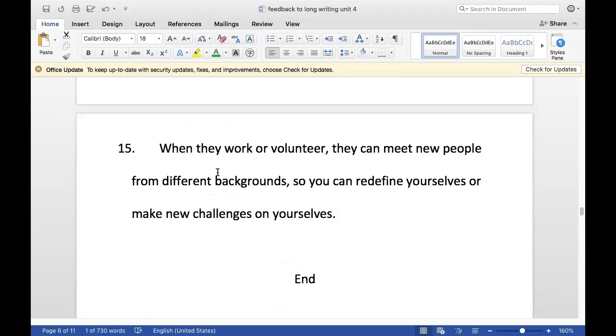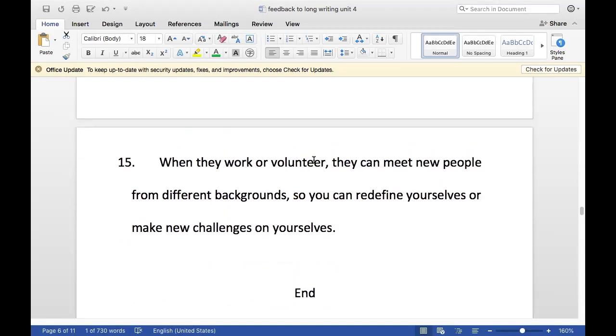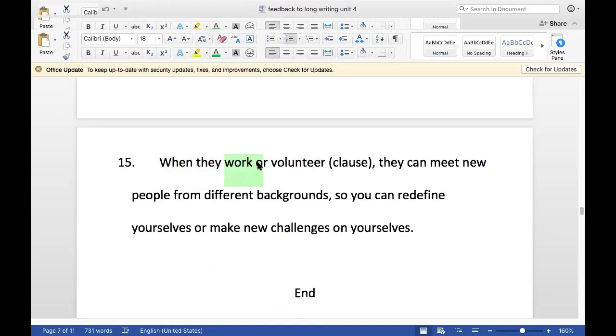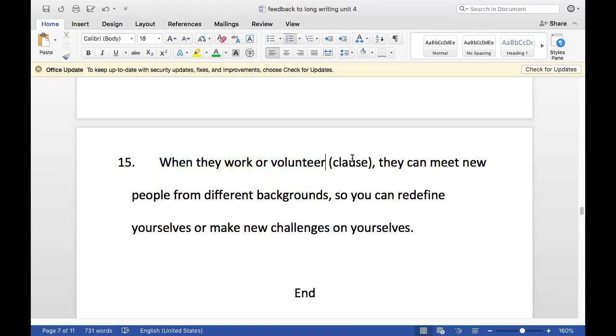15. When they work or volunteer, they can meet new people from different backgrounds. This is correct, okay, this part. Now, after the when here, when they volunteer is a verb. This is a clause. When, you see, subject, verb, okay? This is a subordinate clause. And after the comma, this is another clause, a main clause of the sentence.